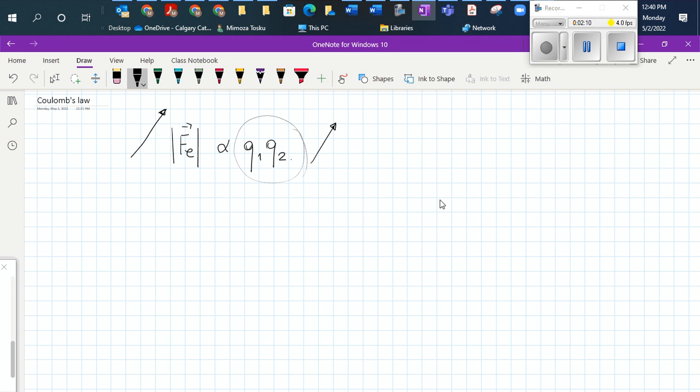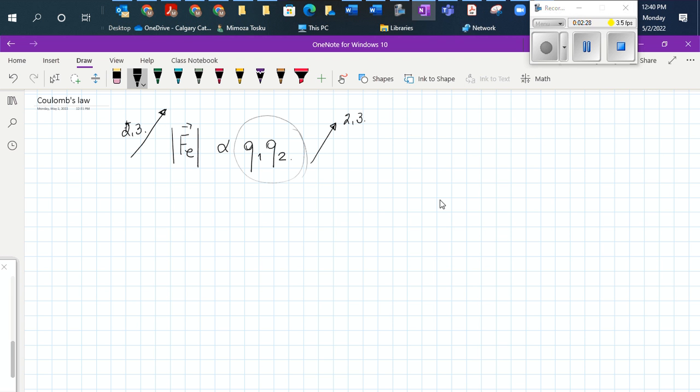So if we increase the product of the two charges by a rate of, let's say, 2.3, then the force will be increased by a rate of 2.3 as well.